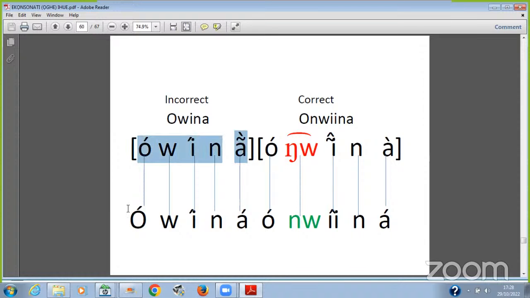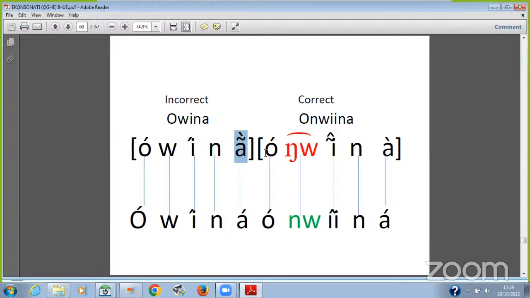If you write it this way, Owi now, because this one is an oral vowel, this is an oral consonant we, and this is an oral vowel e, and this is the nasal consonant ni that spreads nasality onto the next vowel to the right to make it nasal, and so you have owi na, and that is not the correct way of pronouncing it in Edo. Even those who pronounce it well, they write it wrongly.